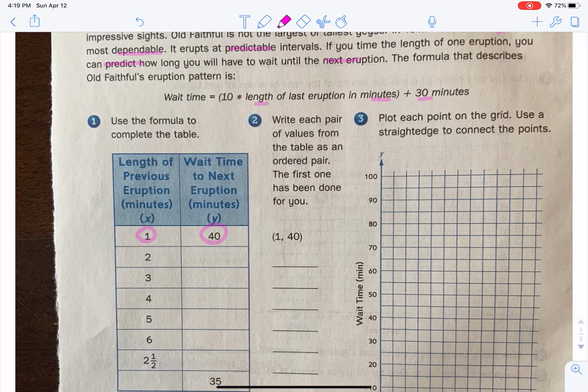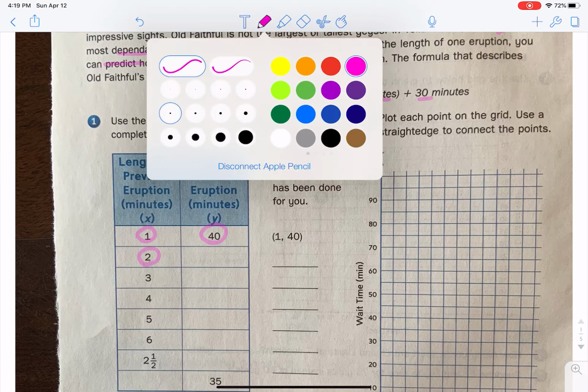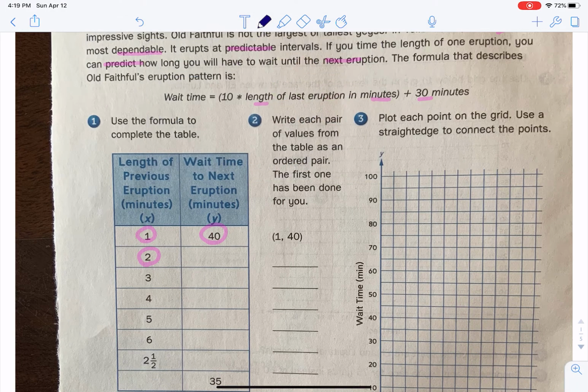If the eruption was 2 minutes, then the wait time for the next eruption would be 10 times 2, which would be 20, plus the 30 minutes up here, which would give us 50.